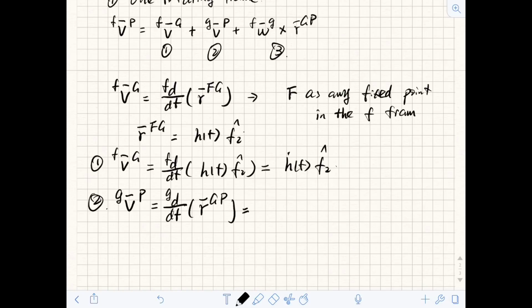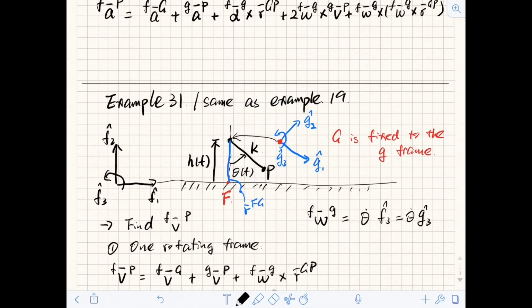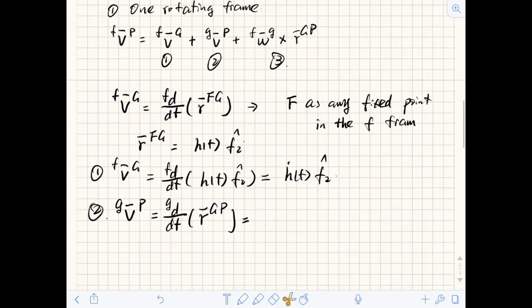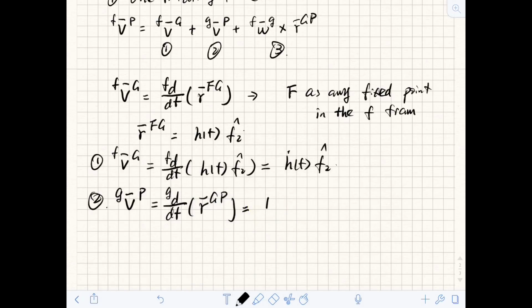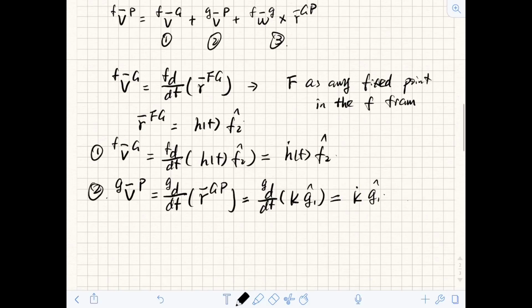And what is GP? It's k times the direction, so it's the length of the bar times G1, and we have k dot G1. We can assume the bar does not change its length, so now we have k dot equal to 0.